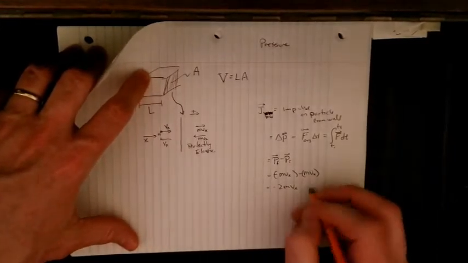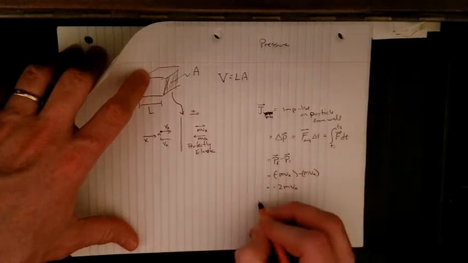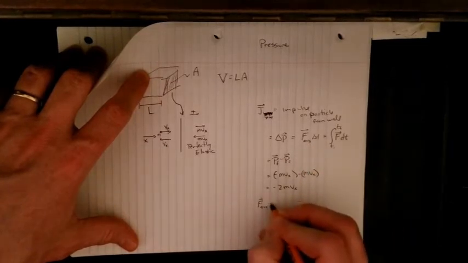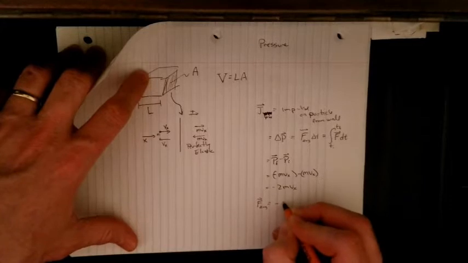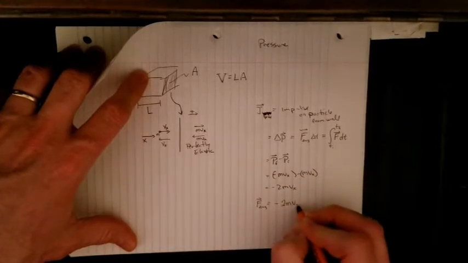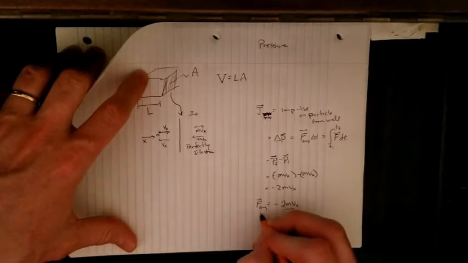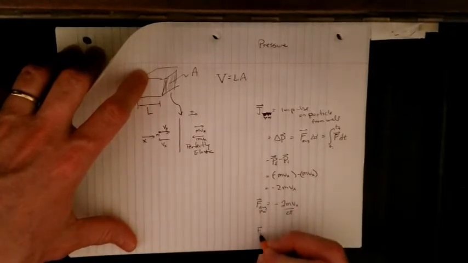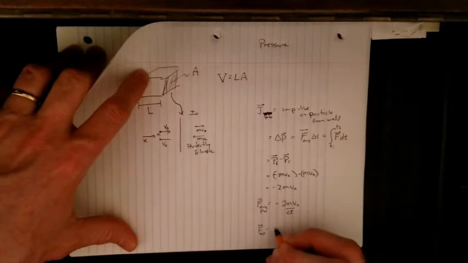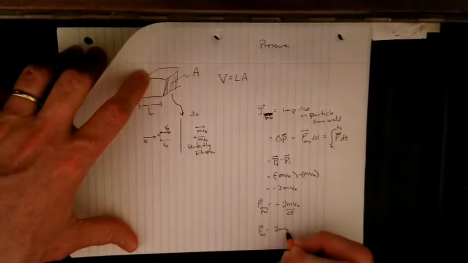So since that's equal to the average force times time, the average force on the particle from the wall is negative 2 m v_x over delta t, or the average force on the wall from the particle is positive 2 m v_x over delta t.